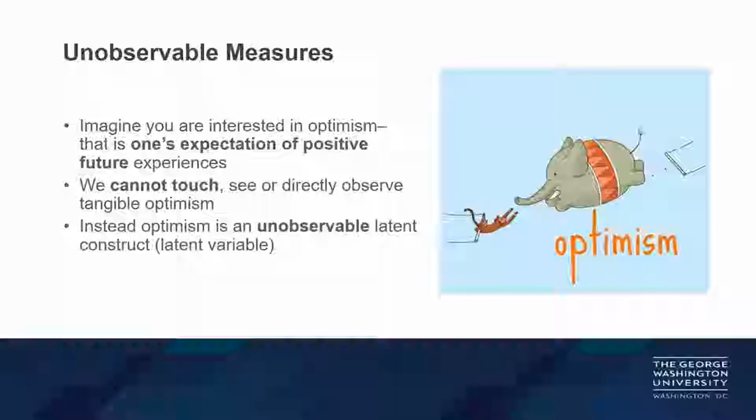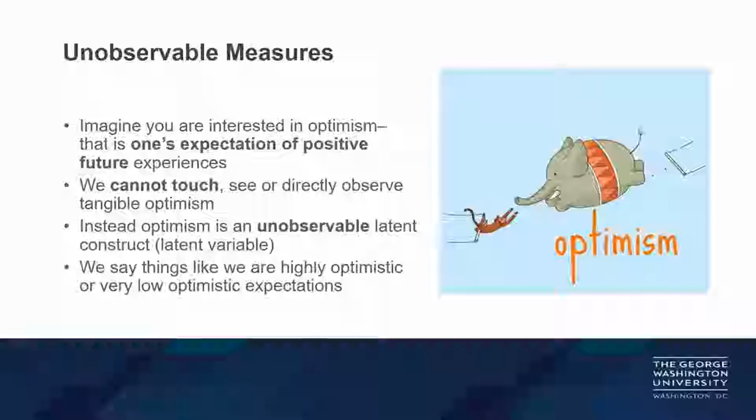Instead, it's an underlying latent construct, and we witness things, or people say things like they are highly optimistic, or maybe that they have very low optimistic expectations. So we witness things often if we're asking questions on a survey. We may have responses to a survey. Those responses are not actual optimism, but they show indications of someone's disposition in optimism.